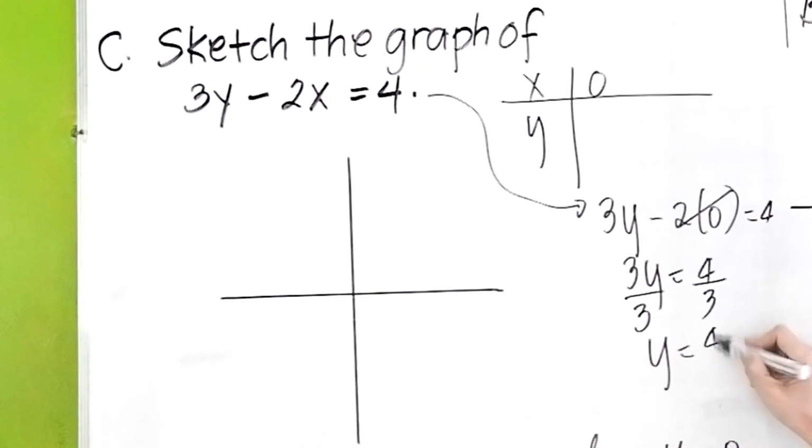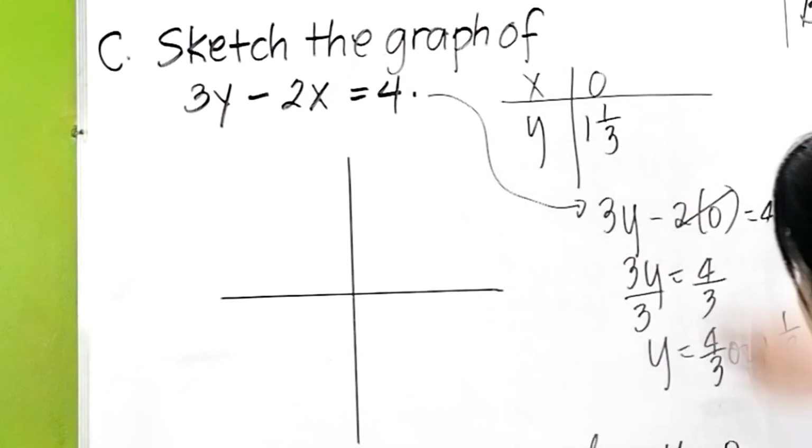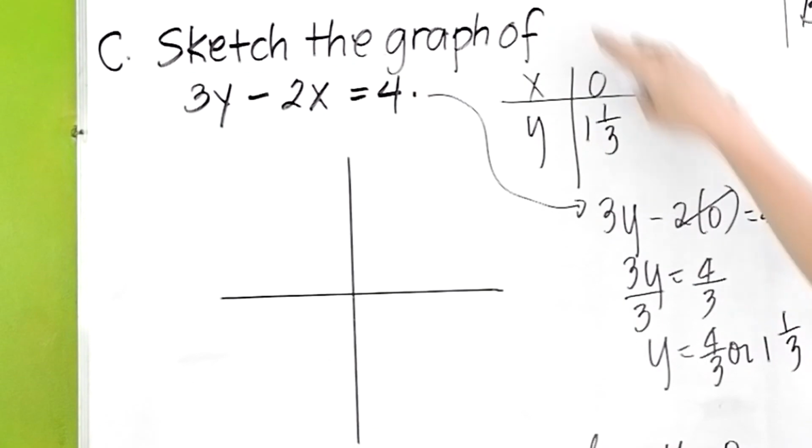Y is 4/3 or 1 1/3. As you can see, I made sure that in my third example, you have a fraction so that you will also learn how to graph or how to plot a point where one coordinate or both coordinates are fractions.